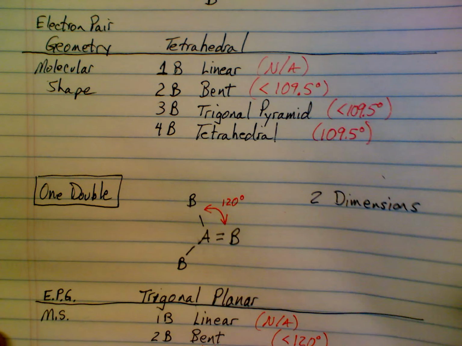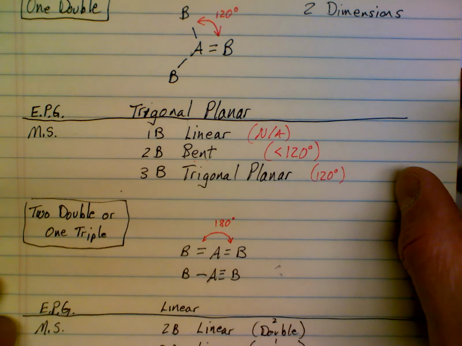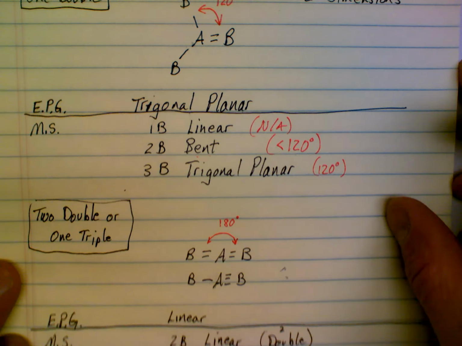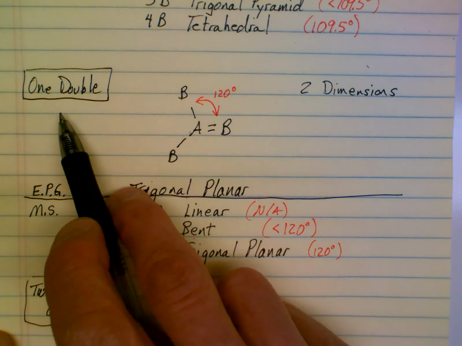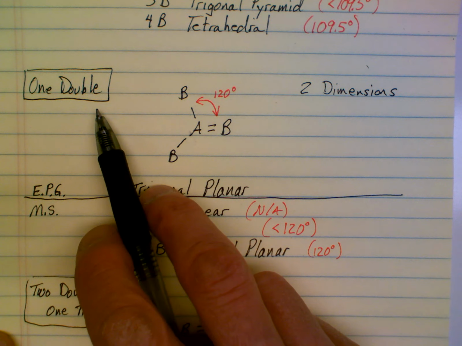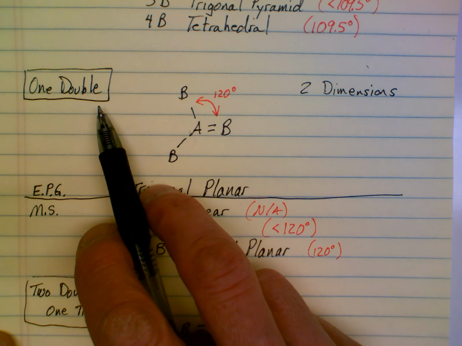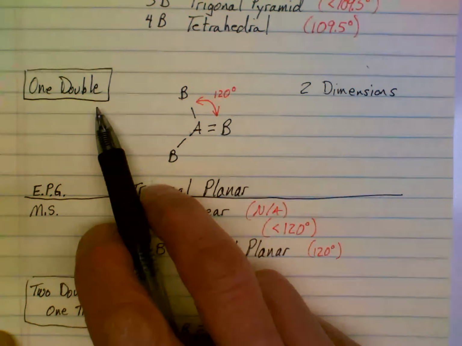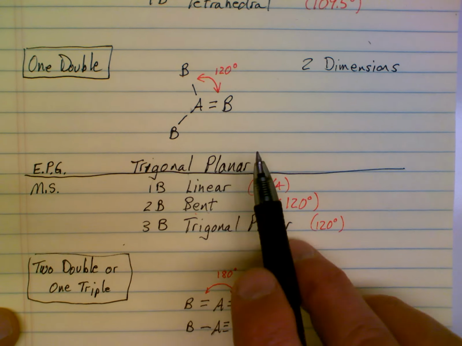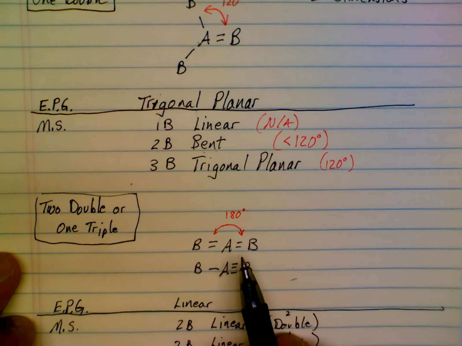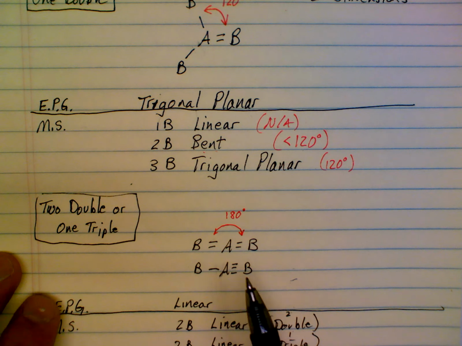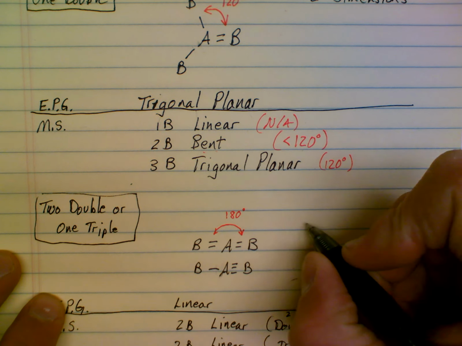Here we have just the one double bond, it draws that one atom into the plane, so that causes it to become two-dimensional. If we create another double bond or form a triple bond, that'll draw it in so that it forms a one-dimensional object.